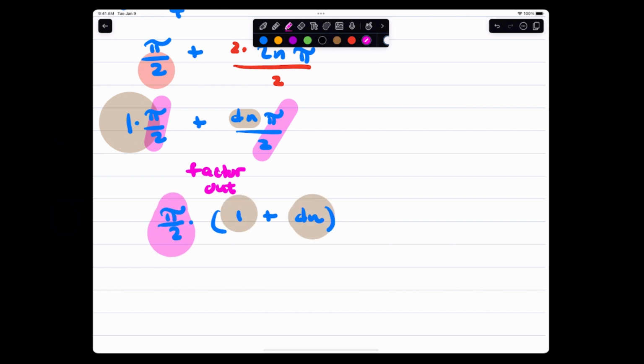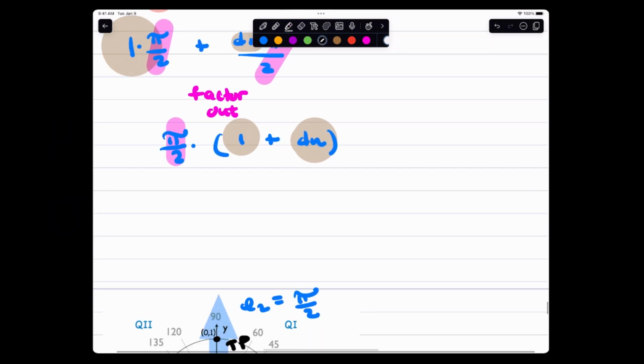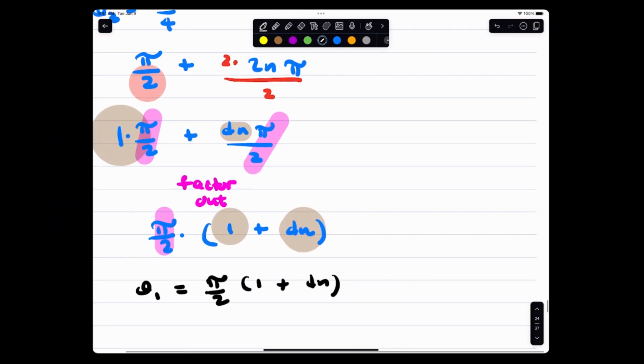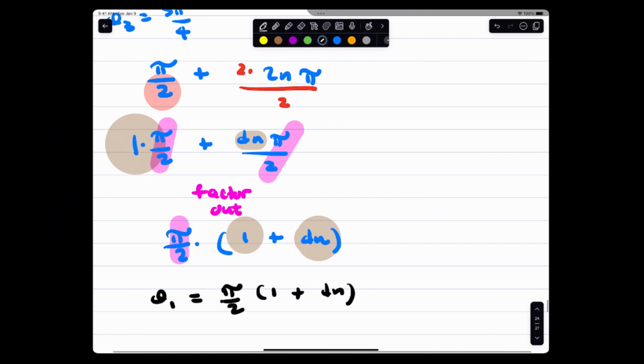So if colors help you, ladies and gentlemen, that first sequential form of a solution would be theta 1 becomes pi over 2 times 1 plus 4n. Where's the 1 come from? Well, 1 times anything is itself, so you need a number there to factor that out.